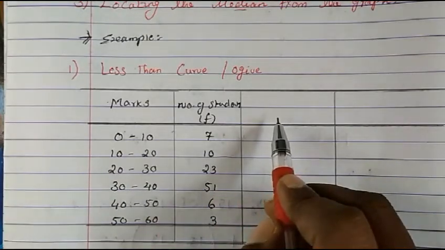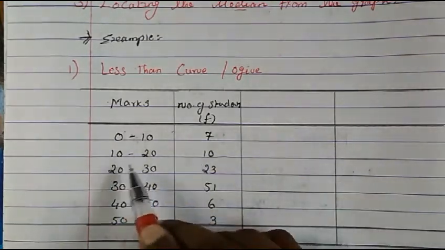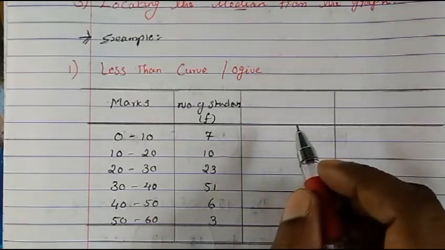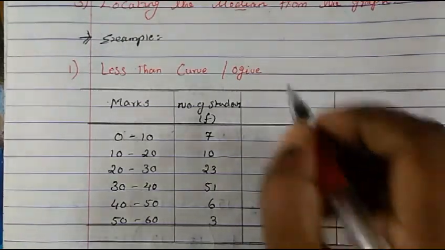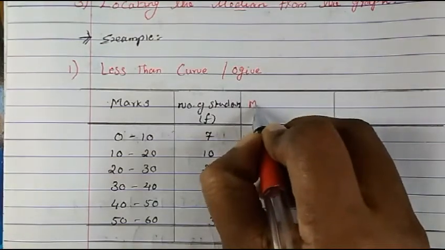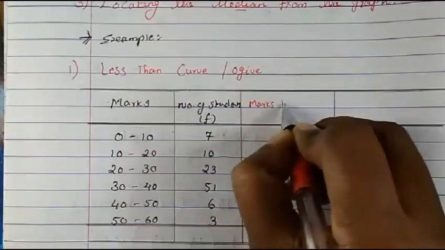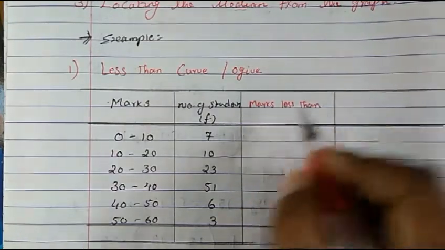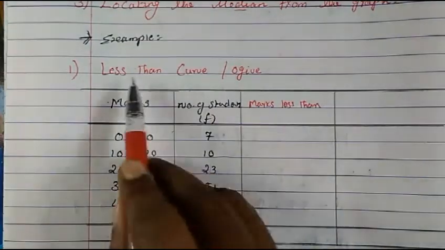So here we will prepare one more column. When questions are given to you like this, we have to prepare one more column, marks less than, because we are going to study the less than curve.